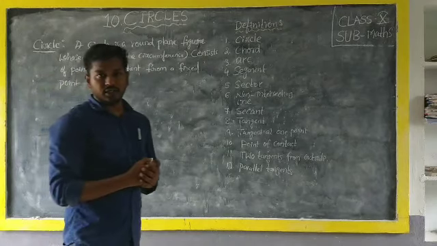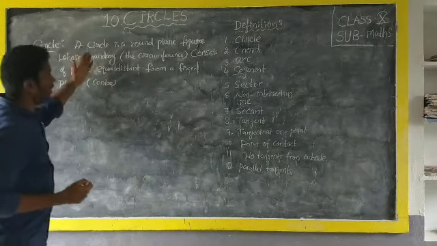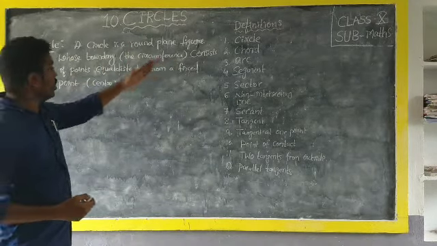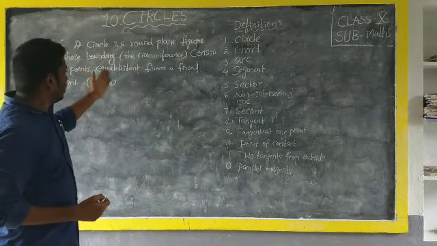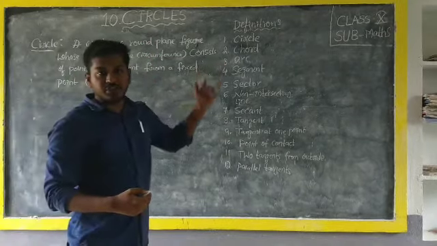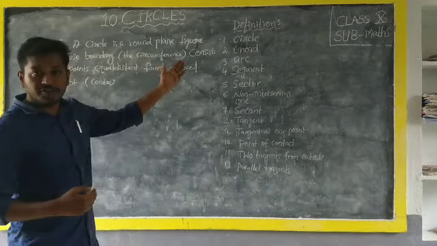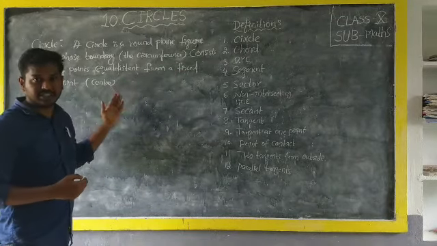Now look at the definition of circle. A circle is a round plane figure whose boundary consists of points equal distance from a fixed point. The fixed point is called center.